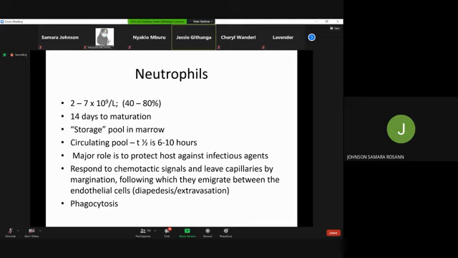That's called diapedesis and extravasation, that is, they're leaving circulation, and then now they will carry out their phagocytic activity.